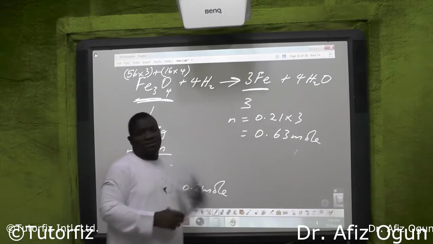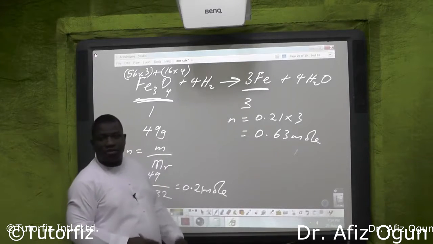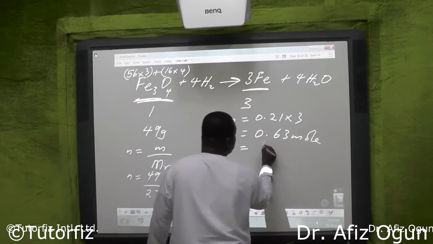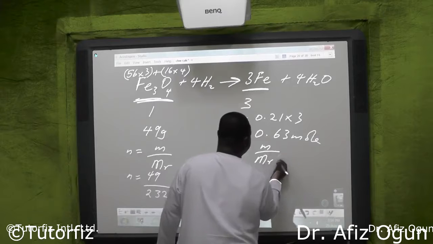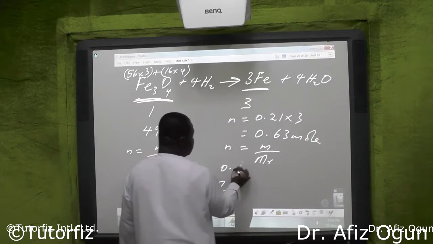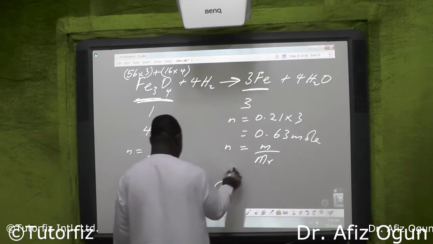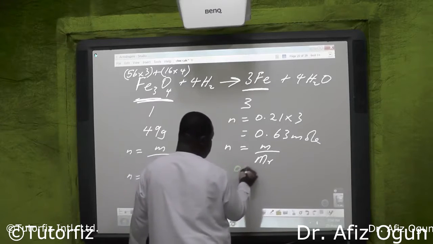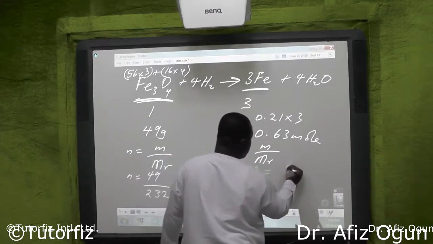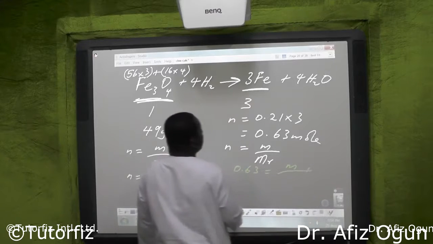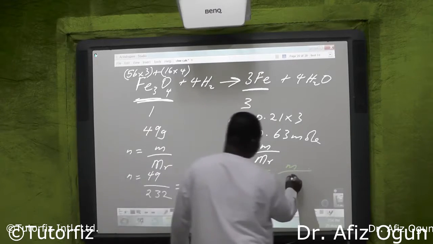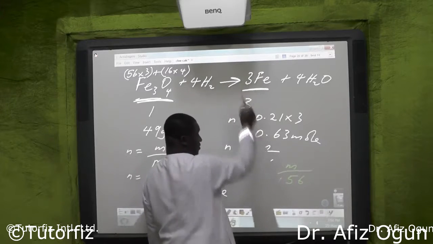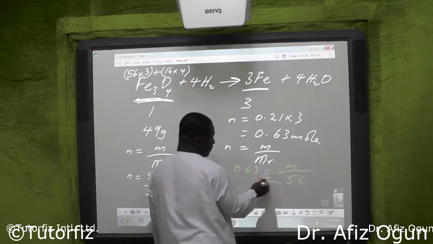But I need the mass I'm expecting, because you're calculating mass. So n again equals m over Mr. 0.63 equals m divided by Mr of iron, 56. Please don't multiply by this, just 56.